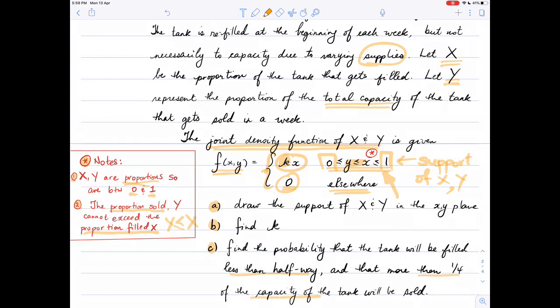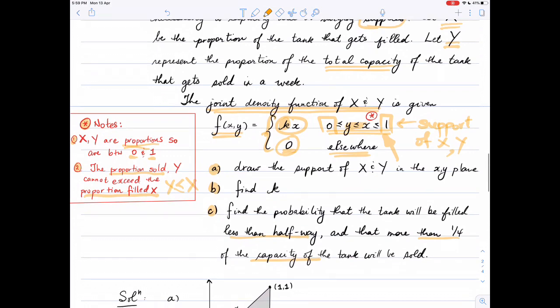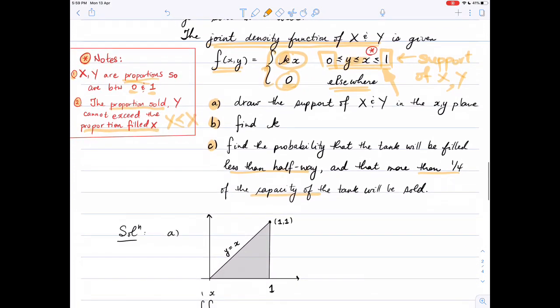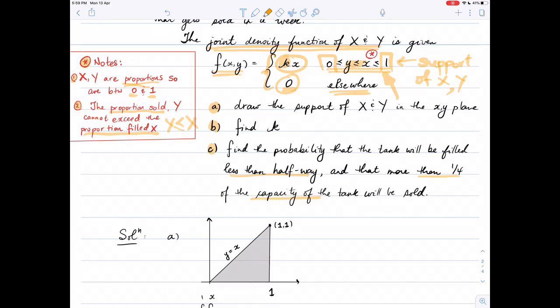Okay, so let's go through those in order. First, A, draw the support. Well, here it is. We know that x is between 0 and 1, and y is less than or equal to x. So y equals x is the boundary here, and if y is less than or equal to x, we have the region below the line y equals x.